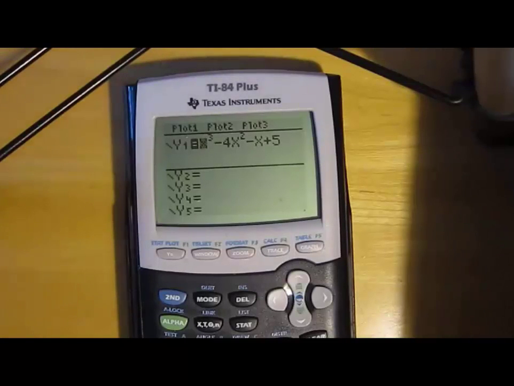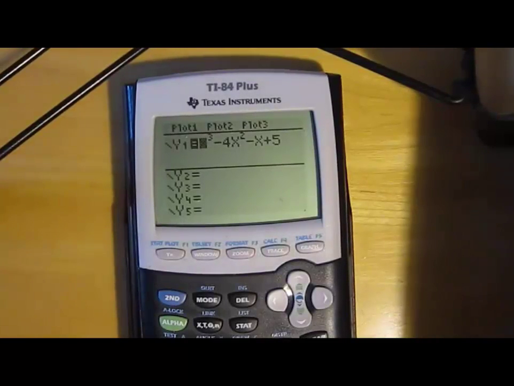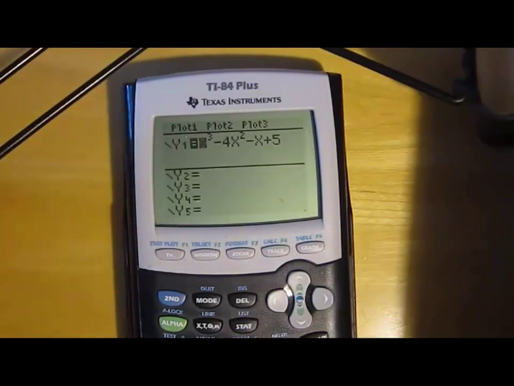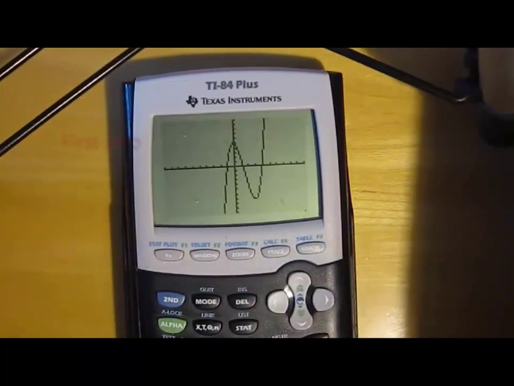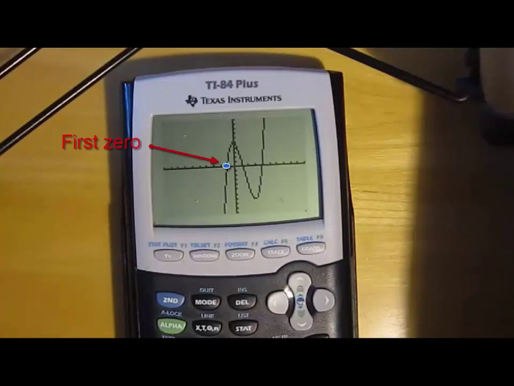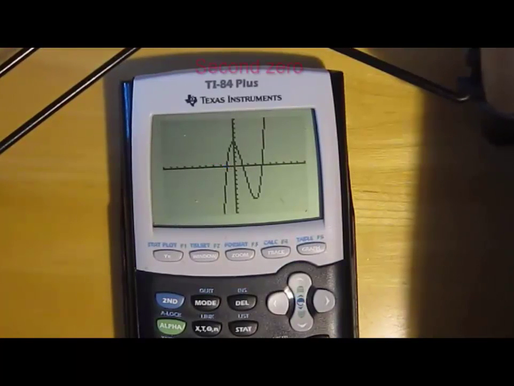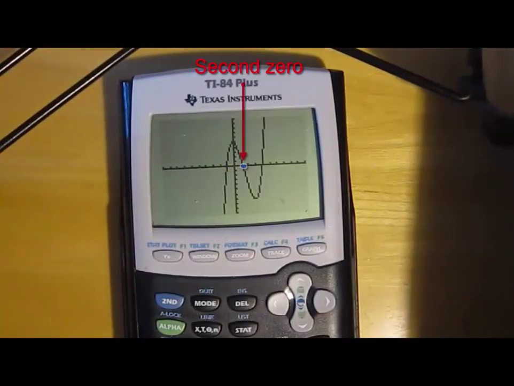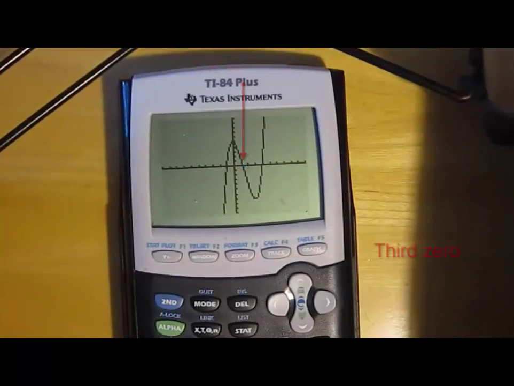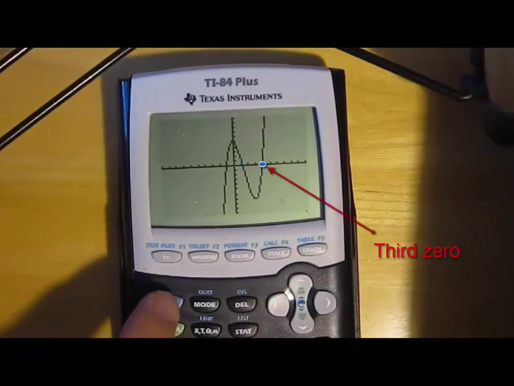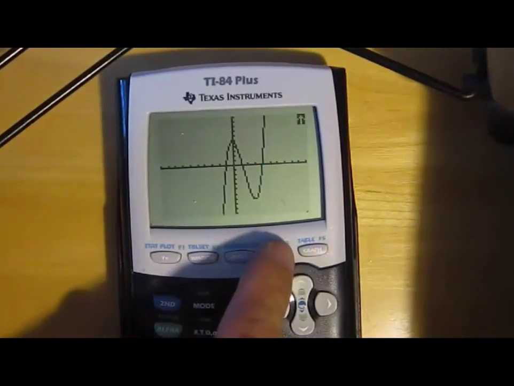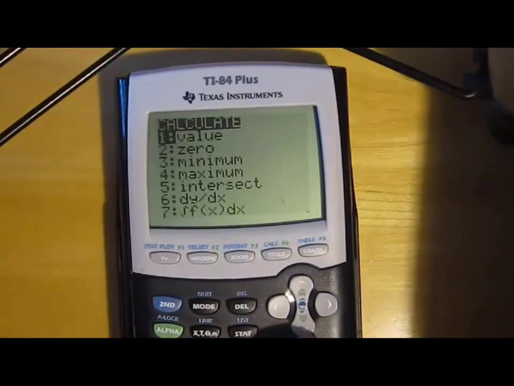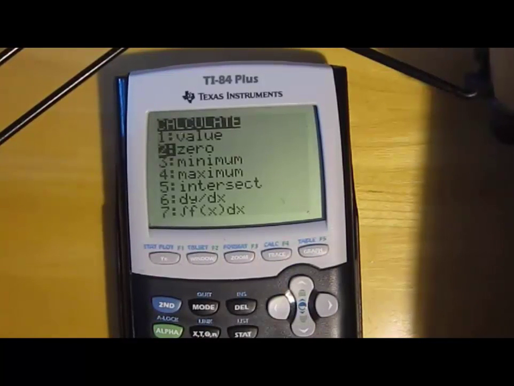So first, enter your polynomial function into the calculator. Then graph it. As you can see, there are 3 zeros. So in order to find the zeros, we use shift and then calc. Now select 2, enter.